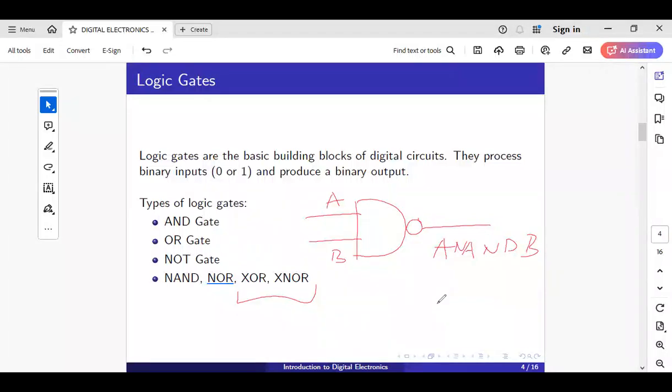You are English people, what does the word exclusive mean?